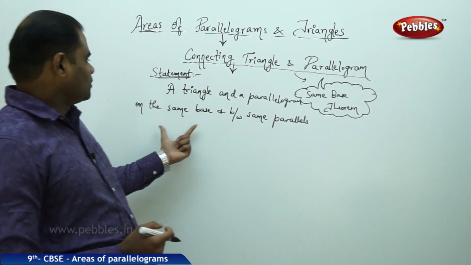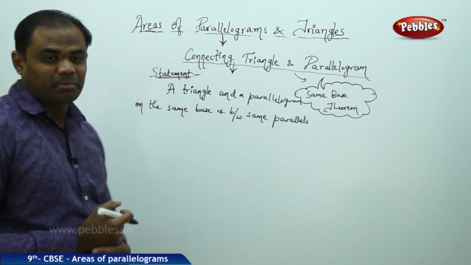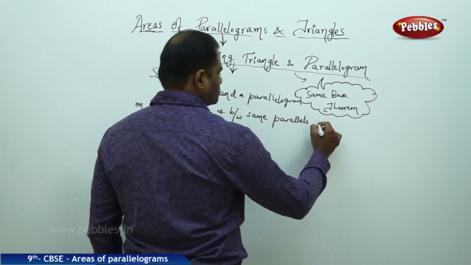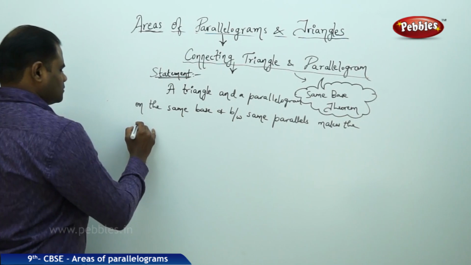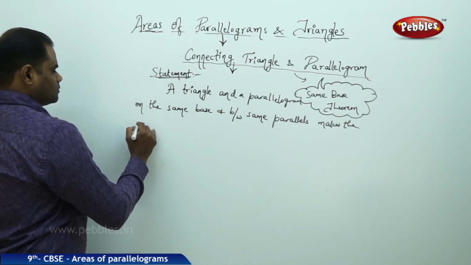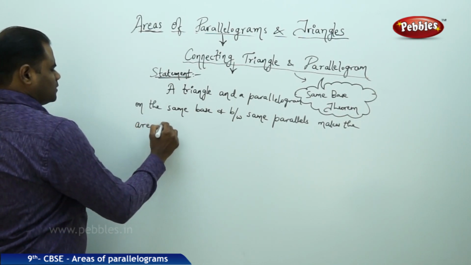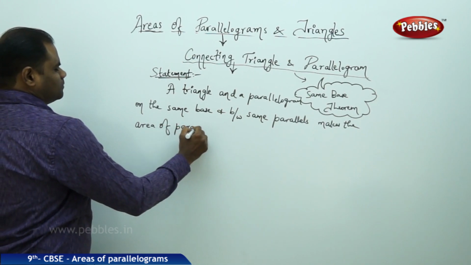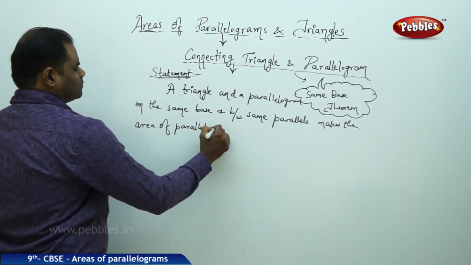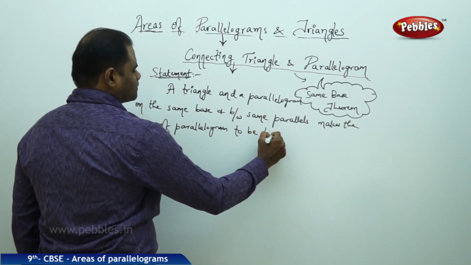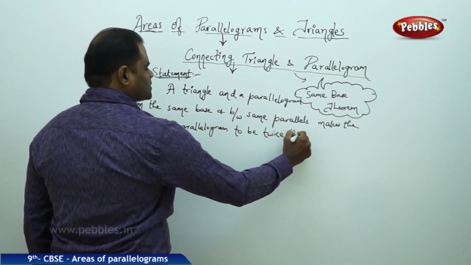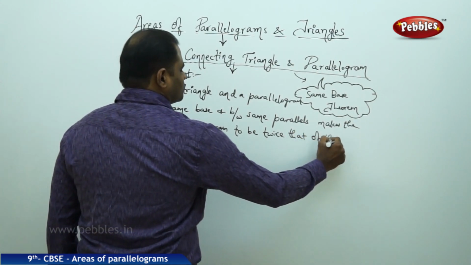If the triangle and a parallelogram are on the same base and between the same parallels, it makes the area of the parallelogram to be twice that of the triangle.